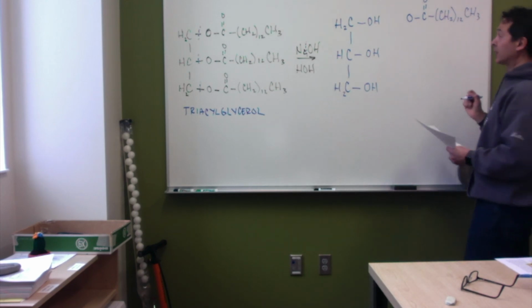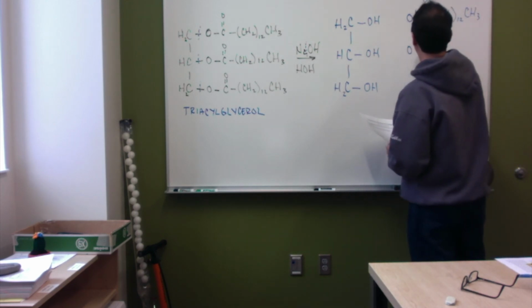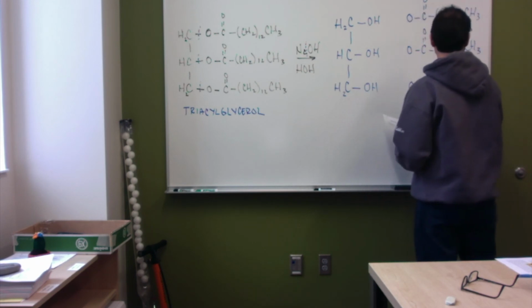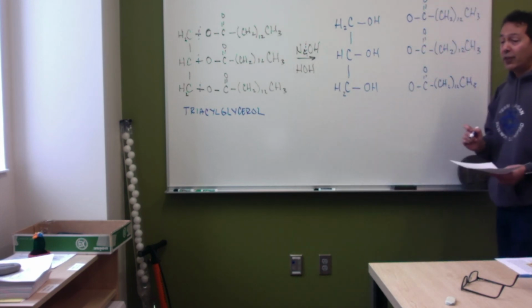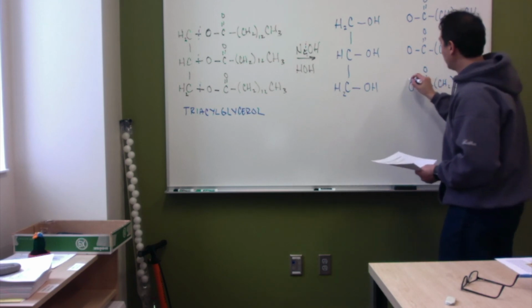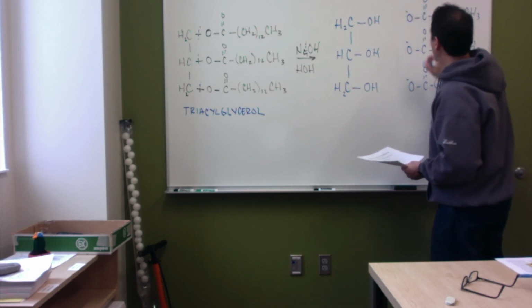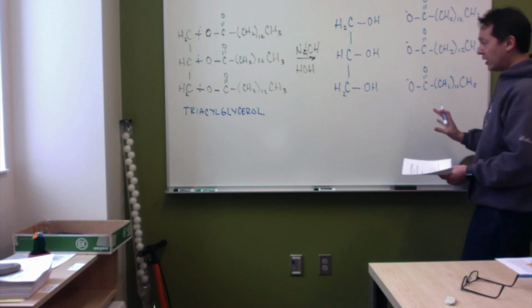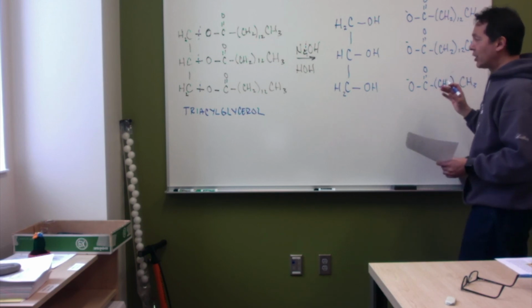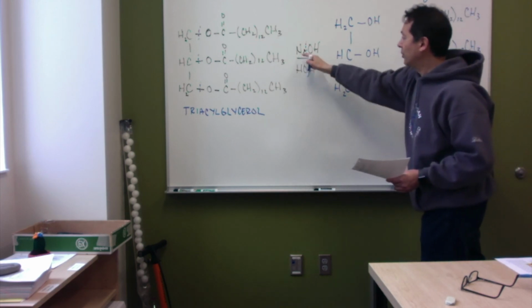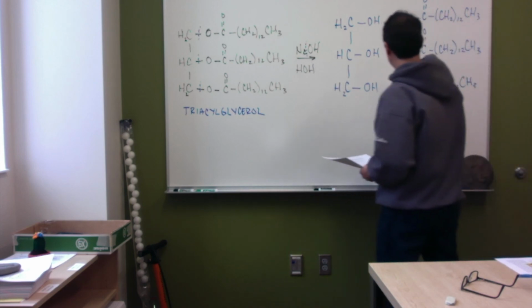There's one fatty acid. There's 3 fatty acids. Now, each of these oxygen atoms here are going to be electronegative, and they are going to be attracted to these sodiums, which are electropositive.